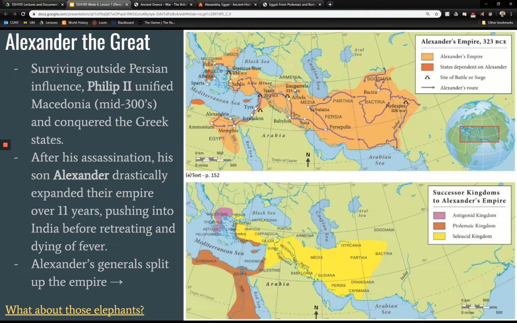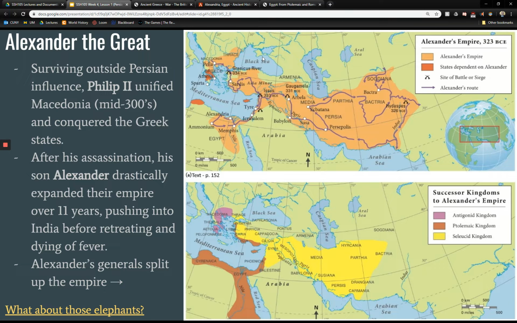After surviving outside of Persian influence, the ancestors of Alexander the Great are Macedonians, so they're from the north, a little bit further outside of the Greek peninsula here. Philip II is an important unifying figure.